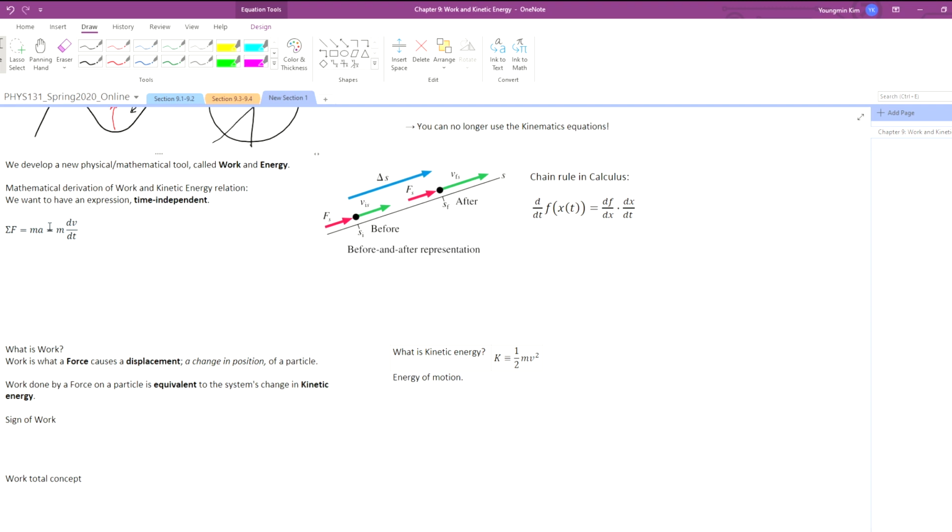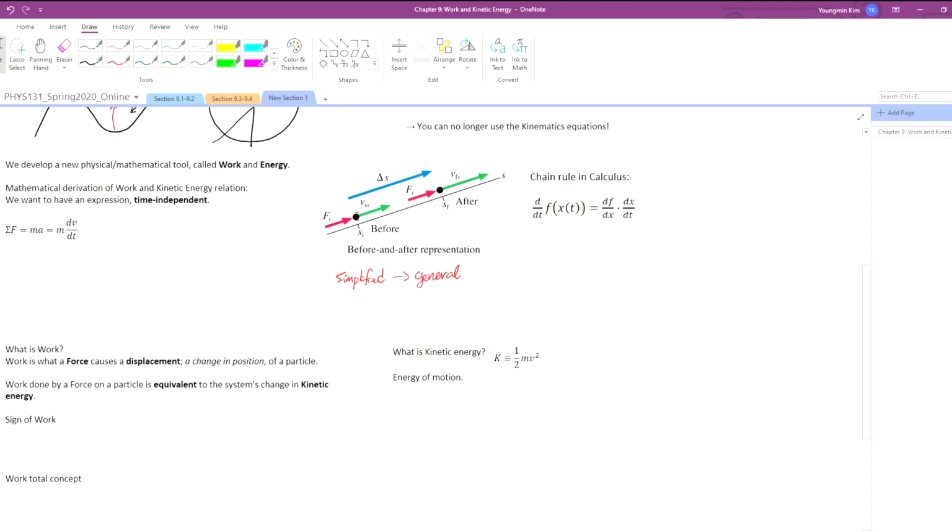Okay? Now, let's consider the situation here. Take a look at this diagram. We're going to start from a simplified version, and then we're going to go more general later on. So the first situation is that you have a particle, and the force applied to that particle has the same direction as the particle's motion.